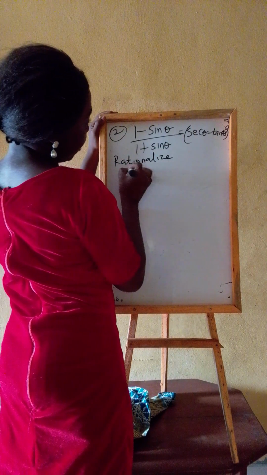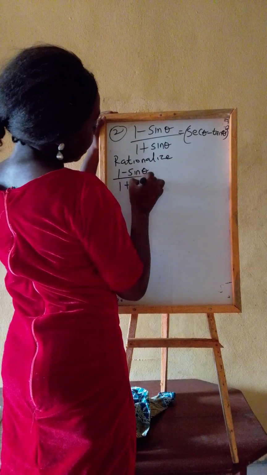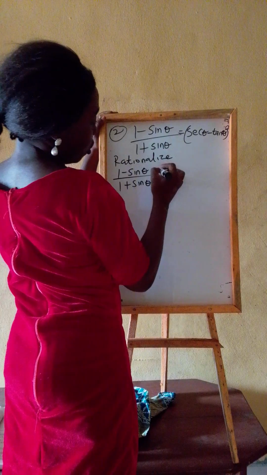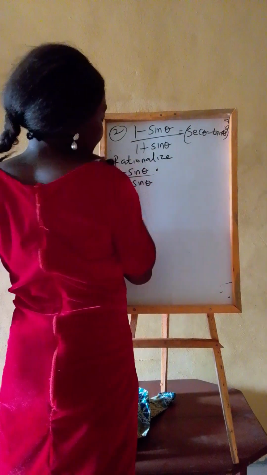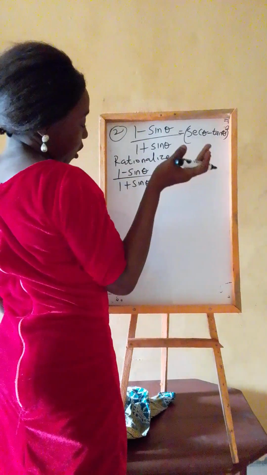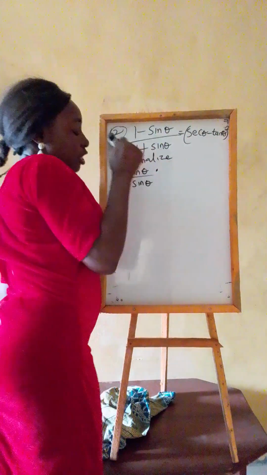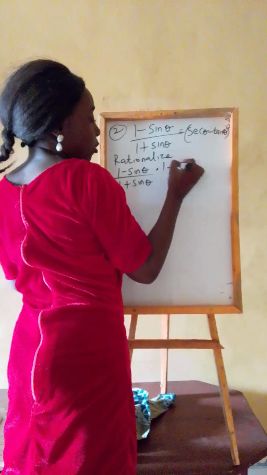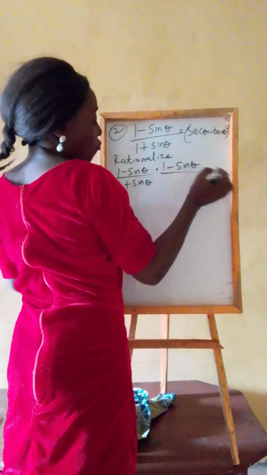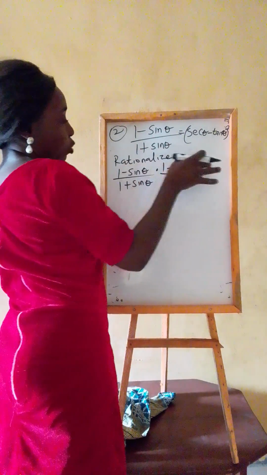So we have 1 minus sin theta over 1 plus sin theta. Rationalize means you change the sign of the denominator. So we have 1 minus sin theta over 1 minus sin theta. We use this to multiply it.